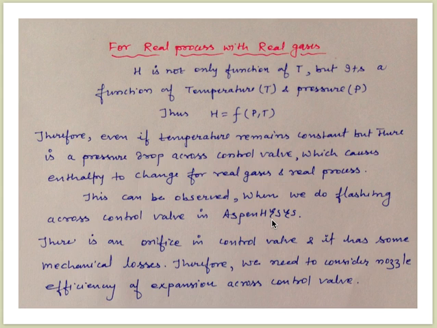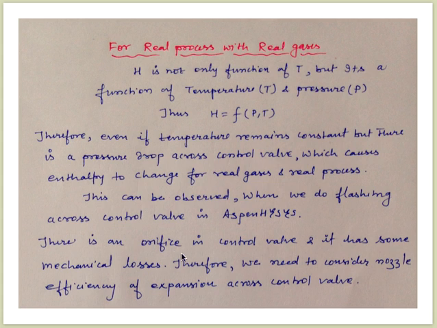The outlet temperature is lower than the inlet temperature when we drop the pressure across a control valve while throttling. So HYSYS gives you the real values for real gases, because it is calculating based on enthalpy being a function of both pressure and temperature.